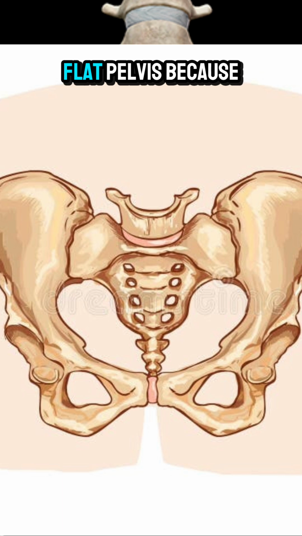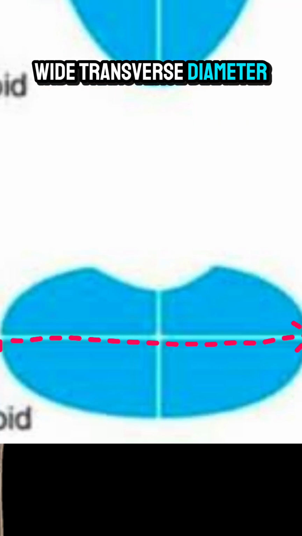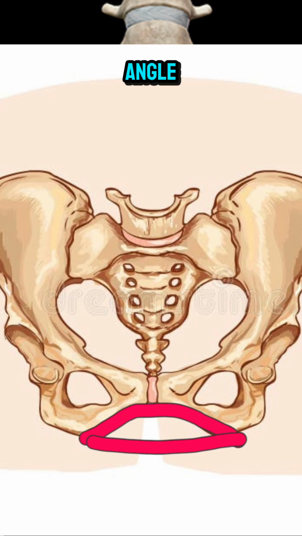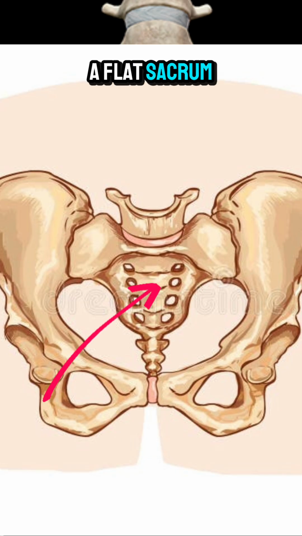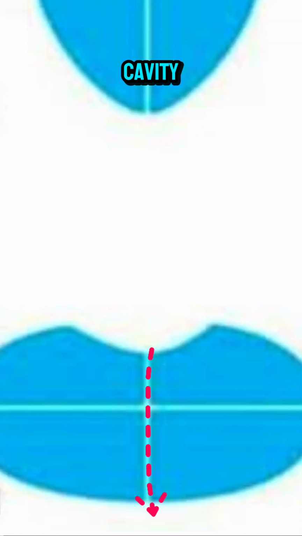Let's look at the platypeloid pelvis. It is a flat pelvis because it has a wide transverse diameter but reduced anterior-posterior diameter, unlike the anthropoid pelvis. The features are that it has a wide subpubic angle, a flat sacrum, and a shallow pelvic cavity.